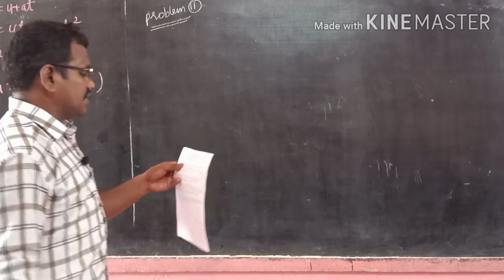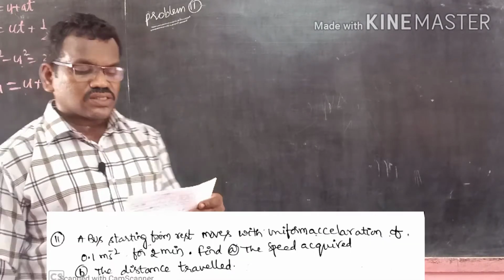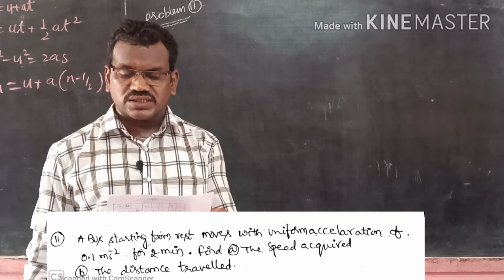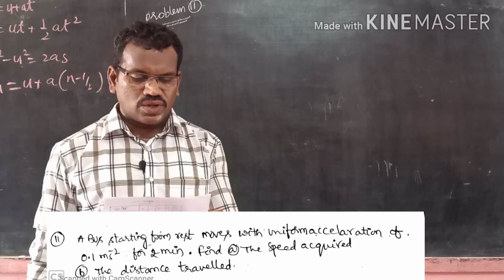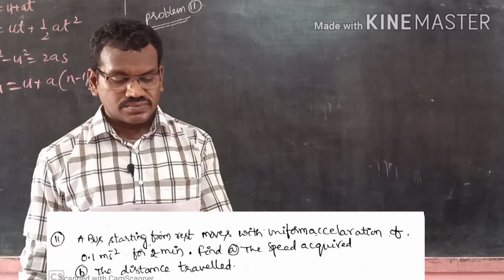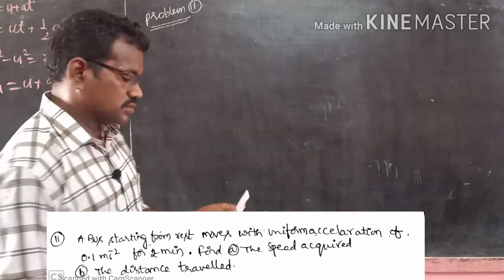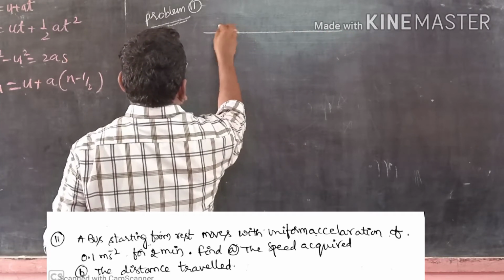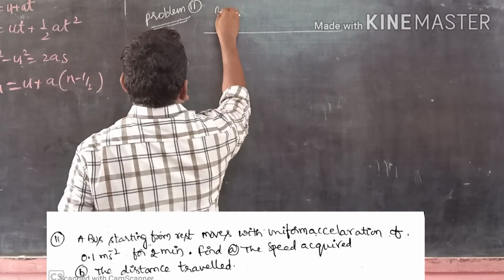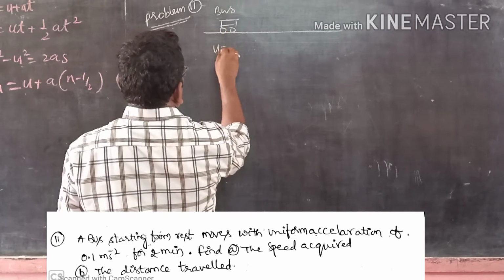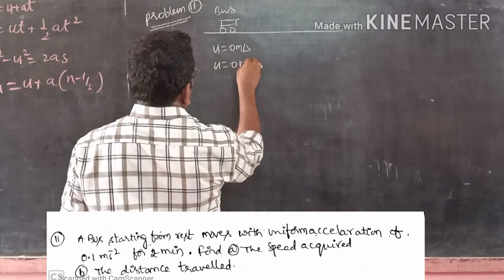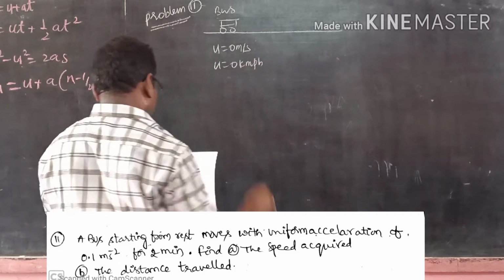Now problem number 11. A bus starting from rest moves with uniform acceleration of 0.1 meter per second square for 2 minutes. Now here a bus is there. Consider this is the bus. The bus is at rest, so initial velocity u is 0 meter per second, whatever it may be.